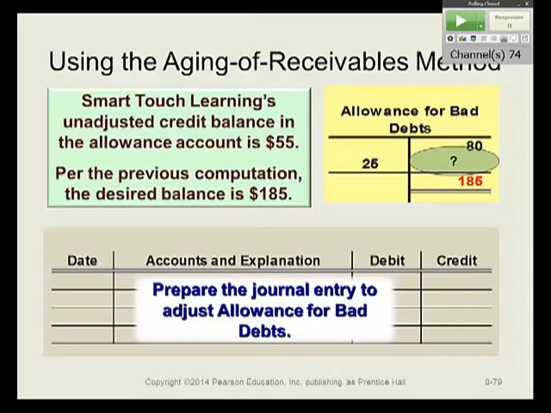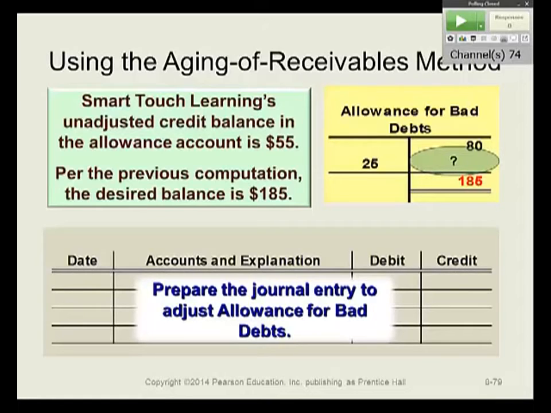SmartTouch begins the period with a credit balance in the allowance account of 80. They wrote off, and you know that when you write off an account in the allowance method, it is a debit to the allowance, and therefore it is going to have at that point a balance of 55.